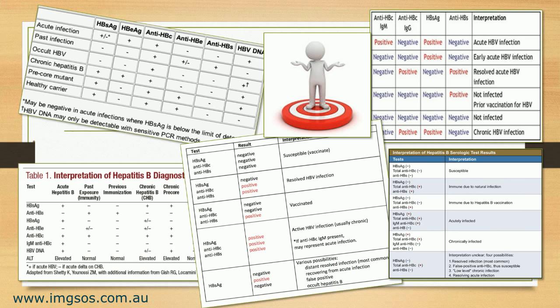I personally don't find that's particularly effective at all, and I think if you're trying to learn anything like this, it's a whole lot easier if you actually understand what it is you're measuring, why you're measuring it, and then you can figure it out from first principles, rather than trying to stick one of these tables on your desk and just keep reading it till you remember it. It would be better, surely, to actually understand the physiology behind it and then be able to reproduce that in your head during the exam. Hopefully I can help that happen with this video today.